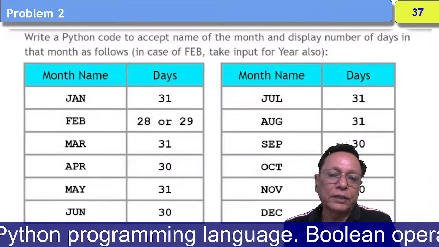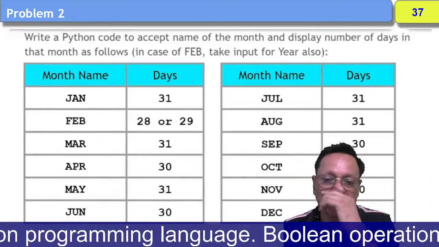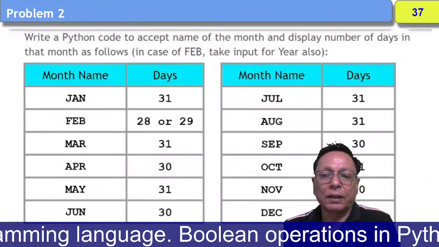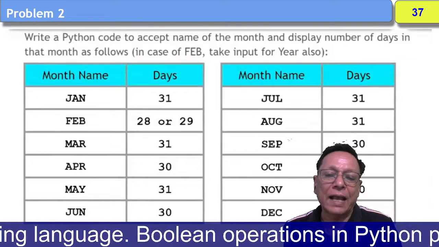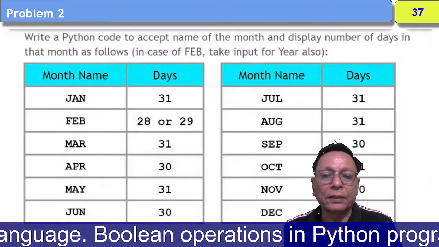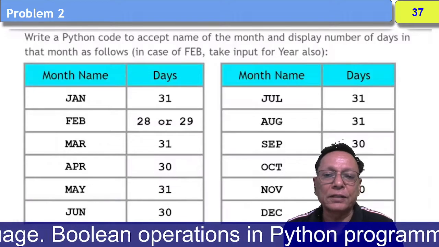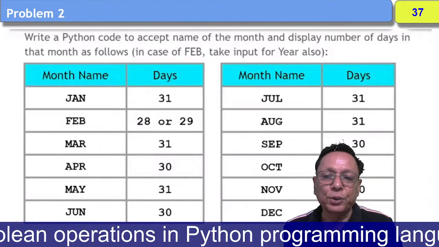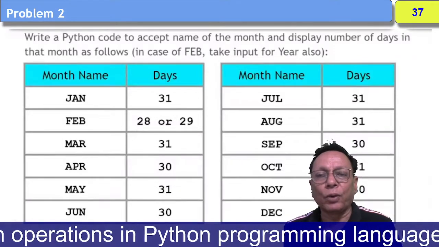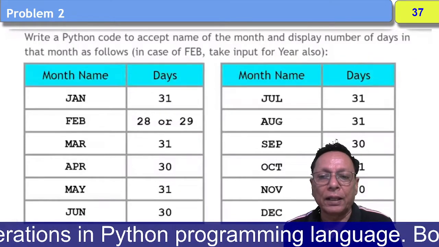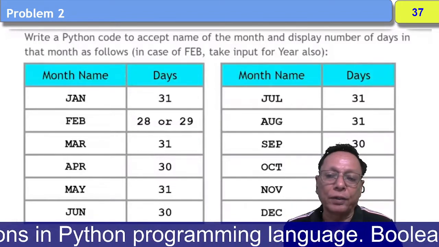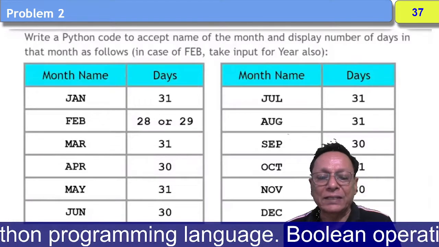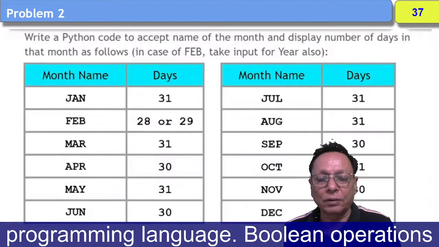In the last video we checked every month separately using if-elif, and this time I'm condensing the program. If the number of days in the month is 31, we are going to check all those months in only one statement using or, and the months that have only 30 days we'll check separately using if, elif and or.